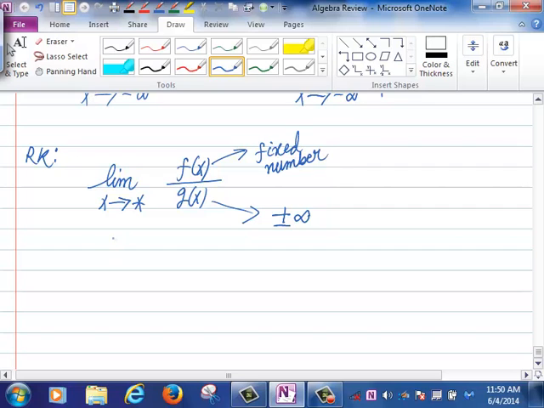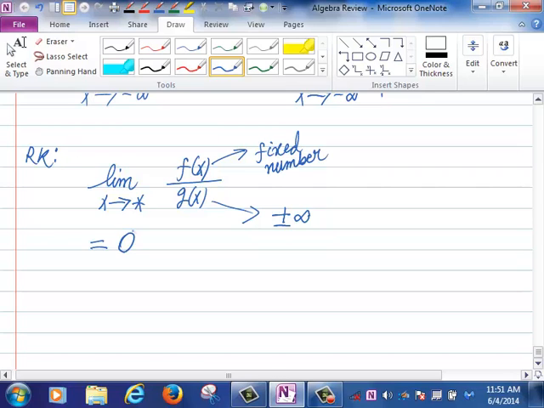Then this limit would be what? 0. I mean, imagine that you're dividing almost a fixed number by bigger and bigger numbers. So that's why the limit would be 0. You can remember that? You're going to need that when you do the problems, okay?